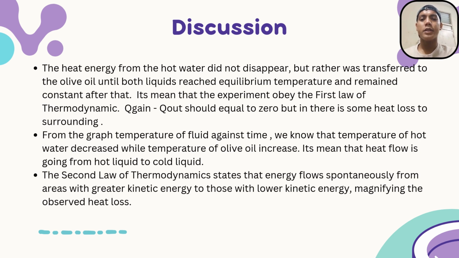From the graph temperature of fluid against time, we know that temperature of hot water decreases while temperature of olive oil increases. It means that heat flow is going from hot liquid to cool liquid. The second law of thermodynamics states that energy flows spontaneously from area with greater kinetic energy to those with lower kinetic energy, magnifying the observed heat loss.